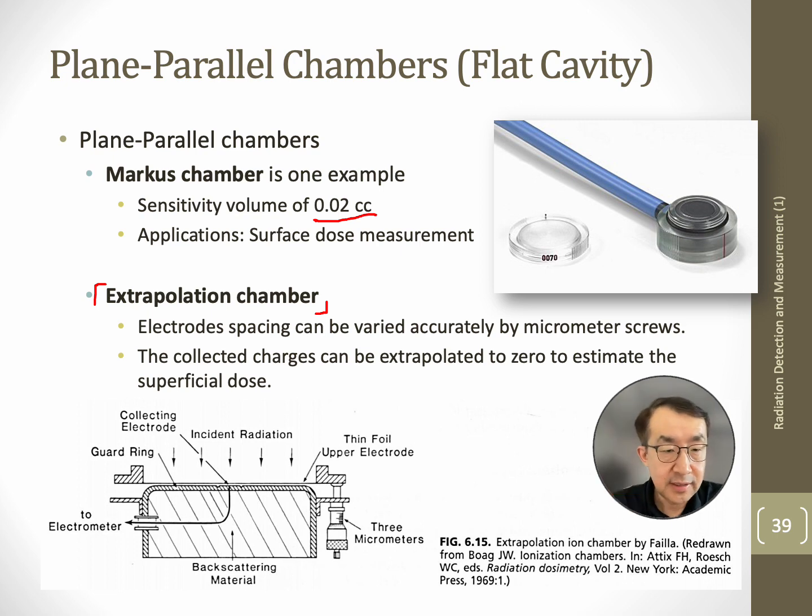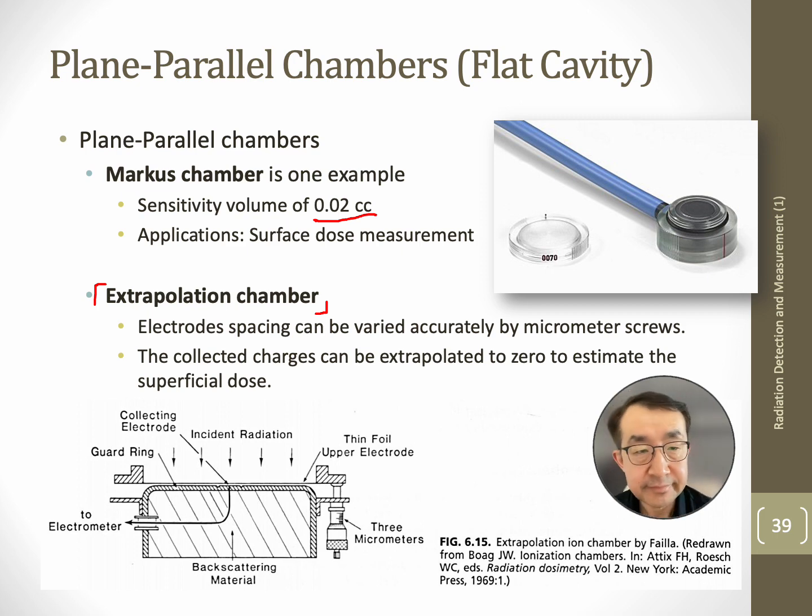So your idea is, I'll just start with say 5 millimeter separation, and then you move, and then you extrapolate to 0. Physically, we cannot measure a 0 thickness volume, but by having this adjustable chamber, you can extrapolate your data so that you can get the surface dose. Does that make sense?